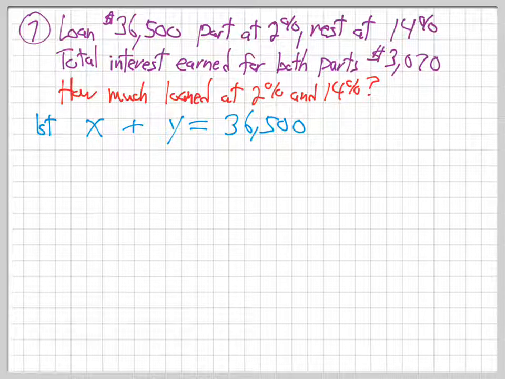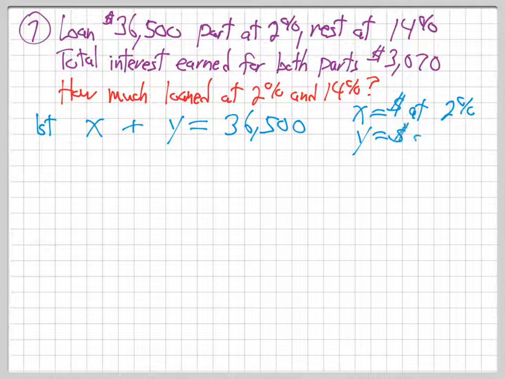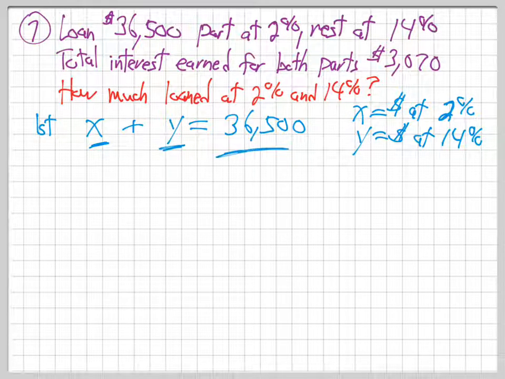If I'm letting x be the dollars at 2%, I'm going to let y be the dollars at 14%. So the dollars at 2% plus the dollars at 14% must be the whole $36,500, because the part was at 2% and the rest was at 14%.